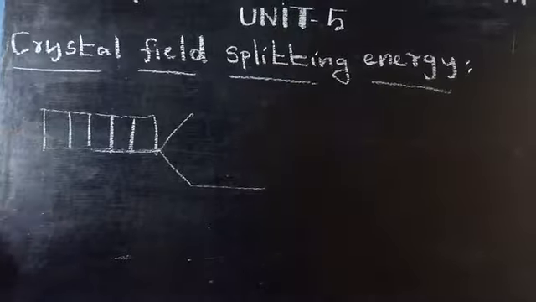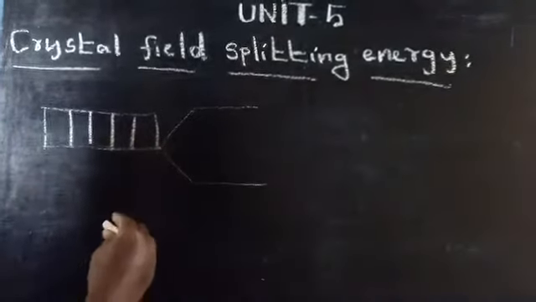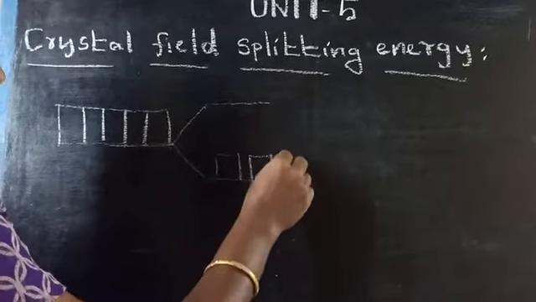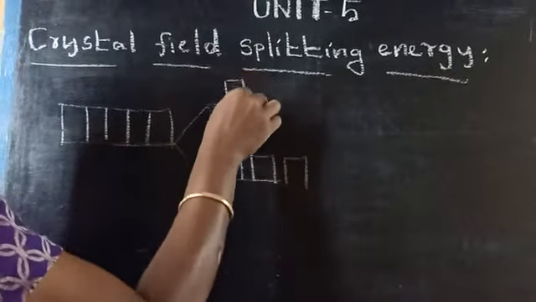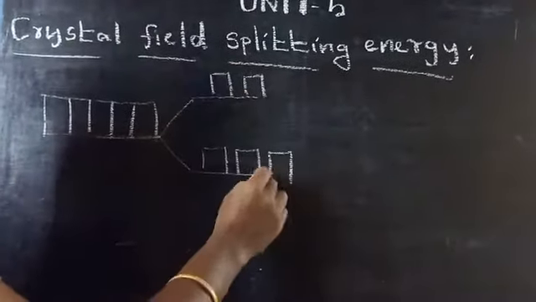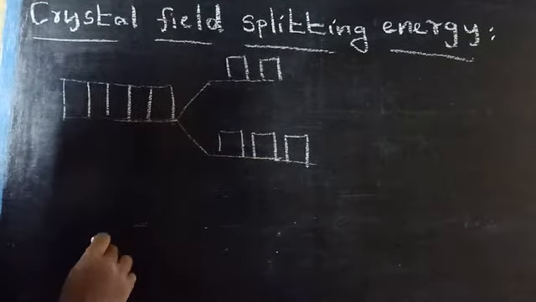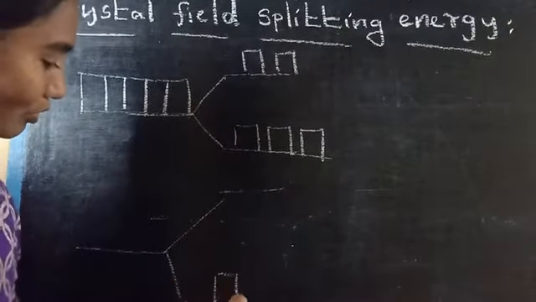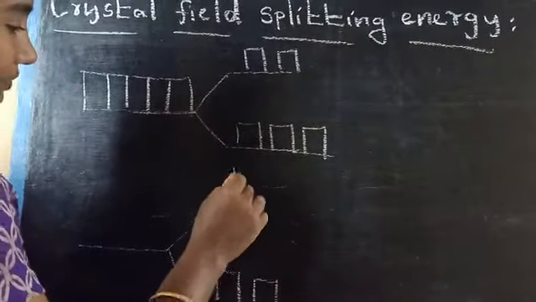Okay, split in two ways. One is T2g, another one is eg. Totally 5, 3 plus 2. This is one pattern. Another pattern is like this: 2 here, 3 there. That's all.